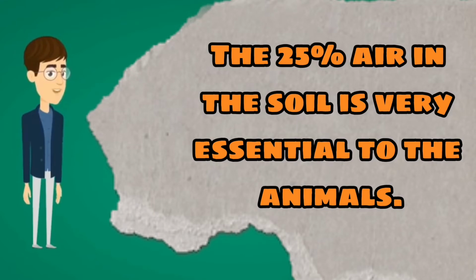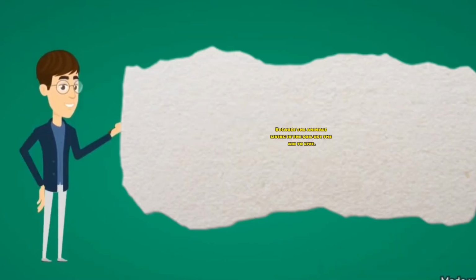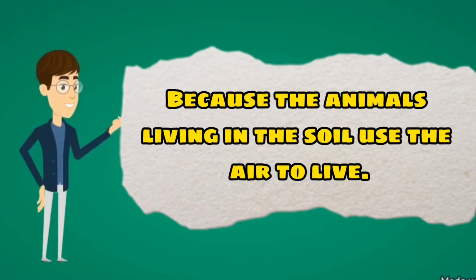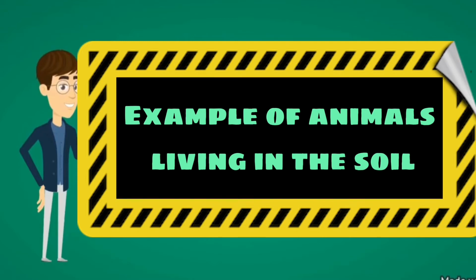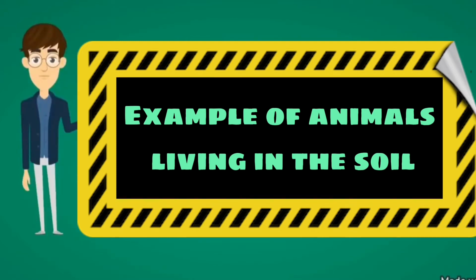The 25% air from the soil is very essential to the animals because the animals living in the soil use the air to live. And here are some of the animals living in the soil.